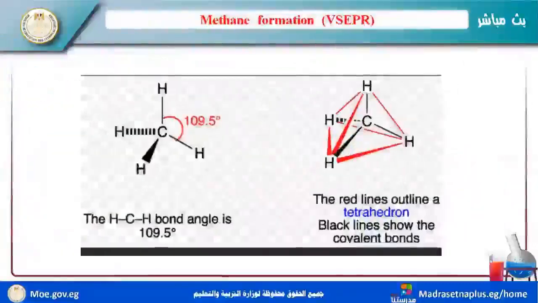Now I have another example for the shape of this angle. We find here CH4, 109.5.